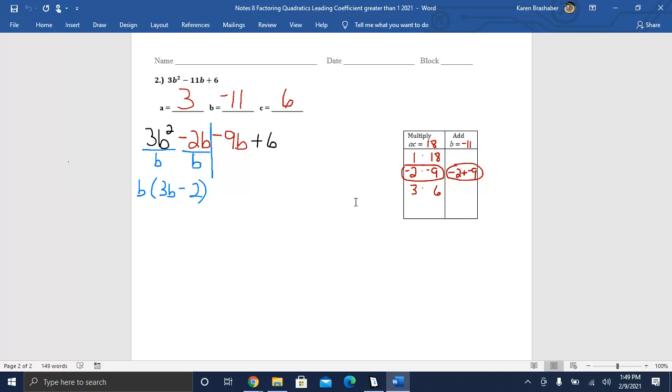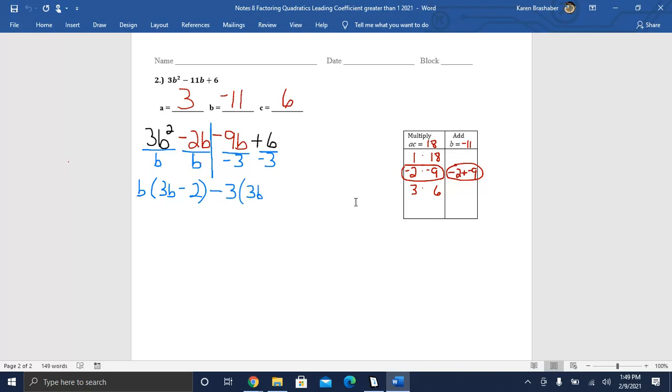My third term is a negative, so I'll have to divide by a negative. I'm going to put that in that next line. The biggest number that will divide into both 9 and 6 is going to be a 3. So I'll divide by negative 3. And negative 9b divided by negative 3 would be 3b.